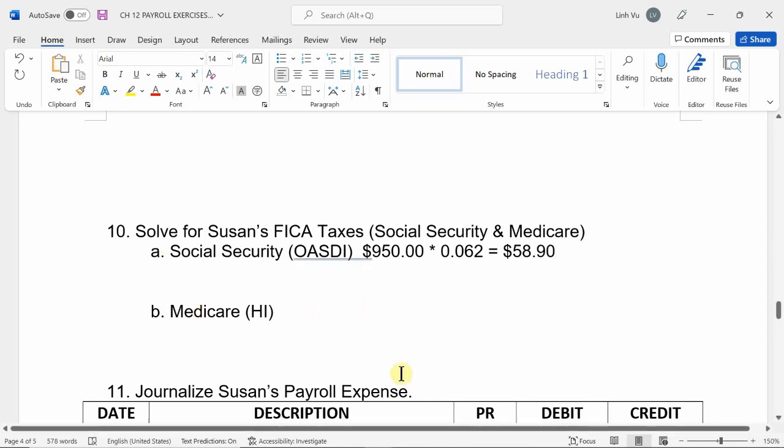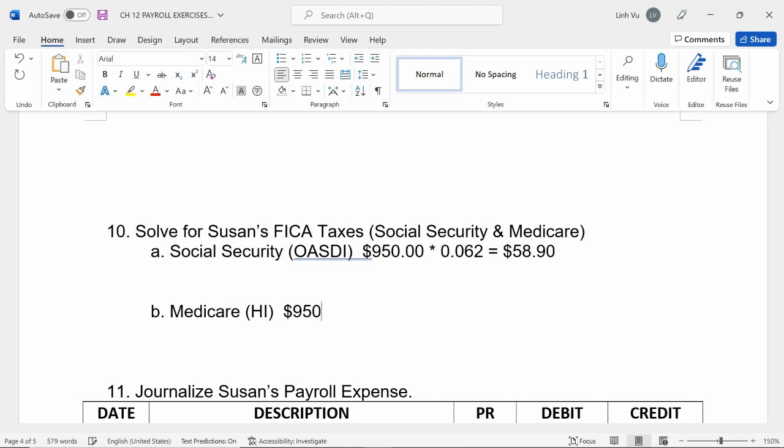What about Medicare? What percentage is Medicare? 1.45%. And that's 13.78.